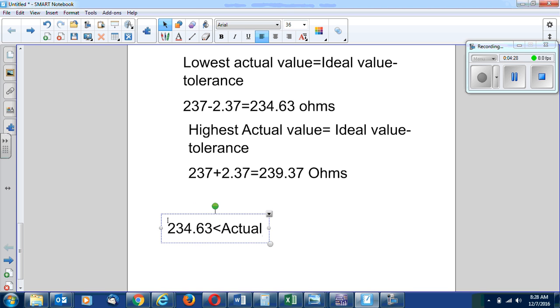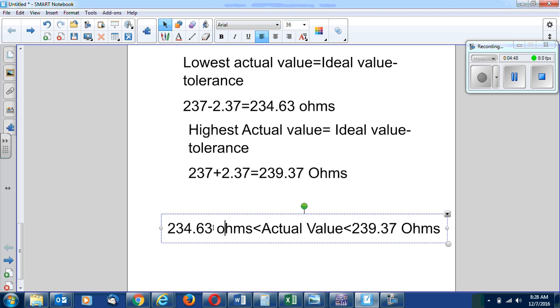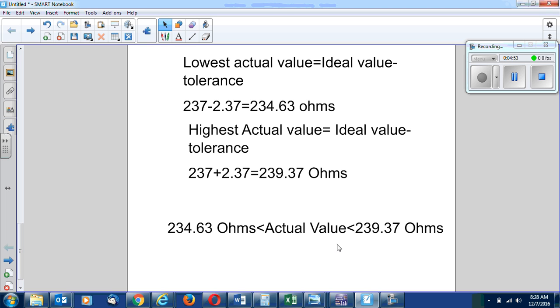Then I have the actual value, which could be any value in between, right? It could be 236, it could be 238, it could be 239, any of those numbers. All right, so this is our actual range. You can see that this is a very, very precise resistor. The difference is really just a couple of ohms either way.